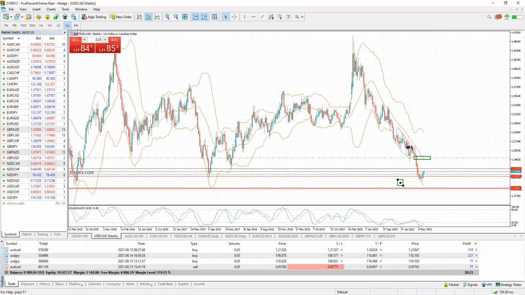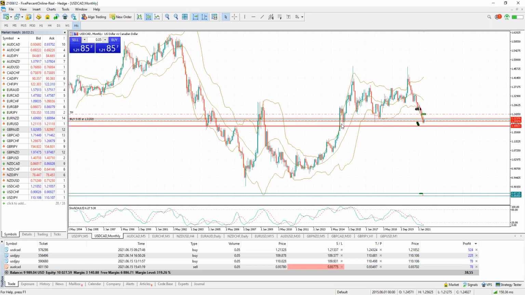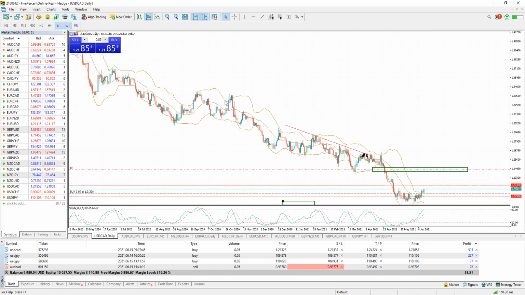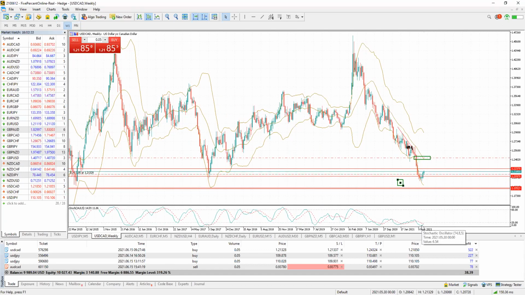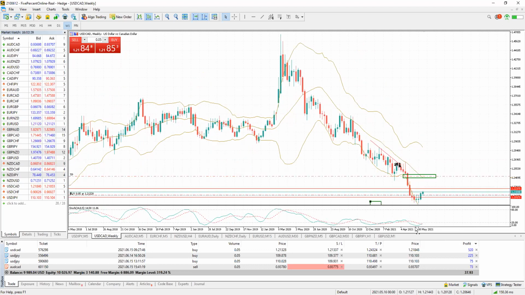Even on the monthly chart, since 2014 we are actually at the lowest point of this pair. And when we go to the weekly, stochastics is oversold. So that's a first indication.